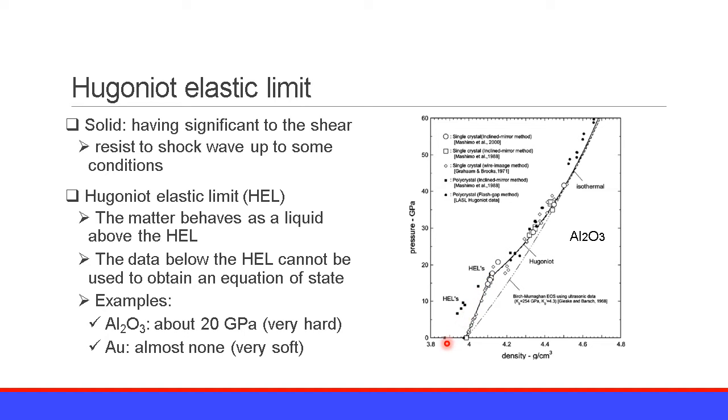In the case of Al2O3, as shown here, the Hugoniot elastic limit is about 20 GPa because alumina is very hard. In the case of gold, almost none because it is soft.